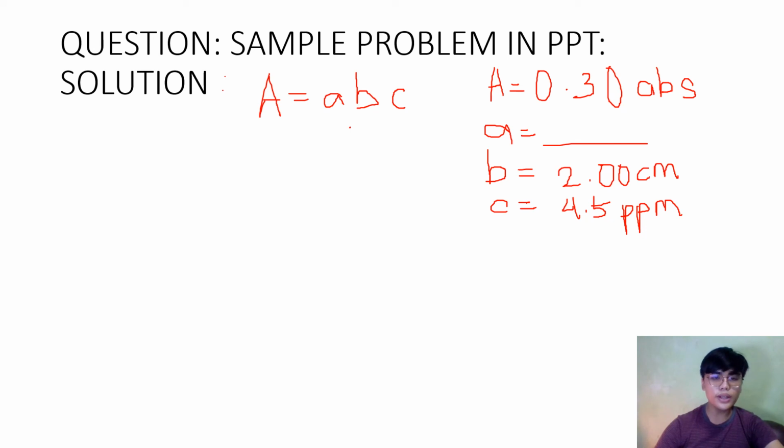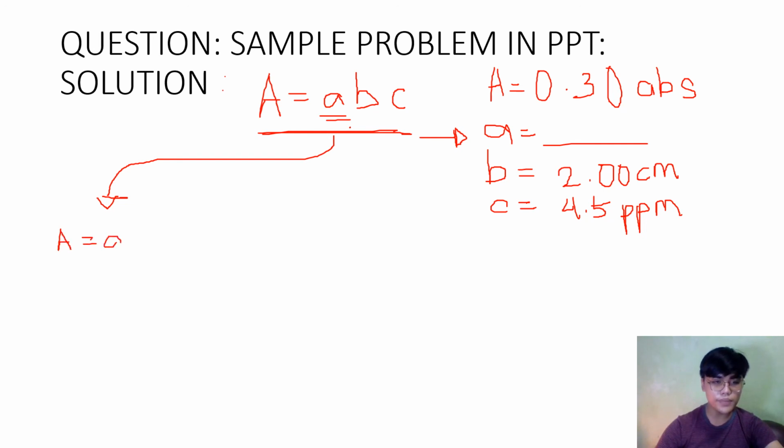In order for us to calculate the absorptivity, we're going to manipulate this formula. Rewriting this formula, absorbance is equal to absorptivity times cell path length times the concentration.